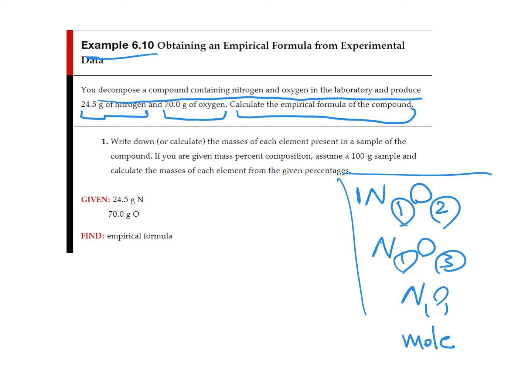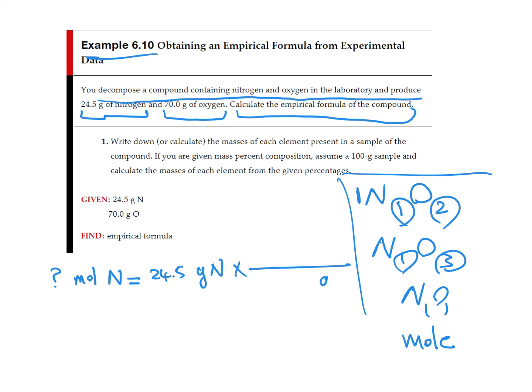What you do is you say, how many moles, the thing that you want to find, you write with a question mark, right? How many moles of nitrogen equals 24.5 grams of nitrogen? And what should I write in the denominator? 14.007 grams per mole. Exactly.